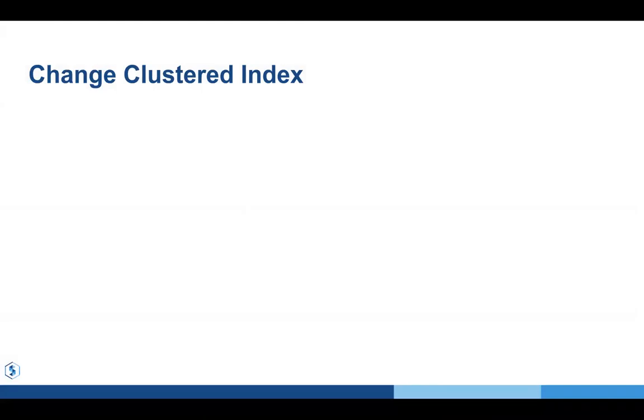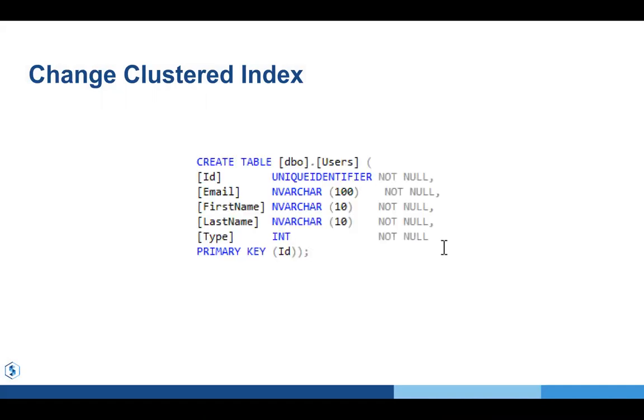To do that, well, this was the example I was telling you. We have this users table with our ID, email, first name, last name, type. If we run this script as is, then our cluster index will be created on our primary key, that's the ID.